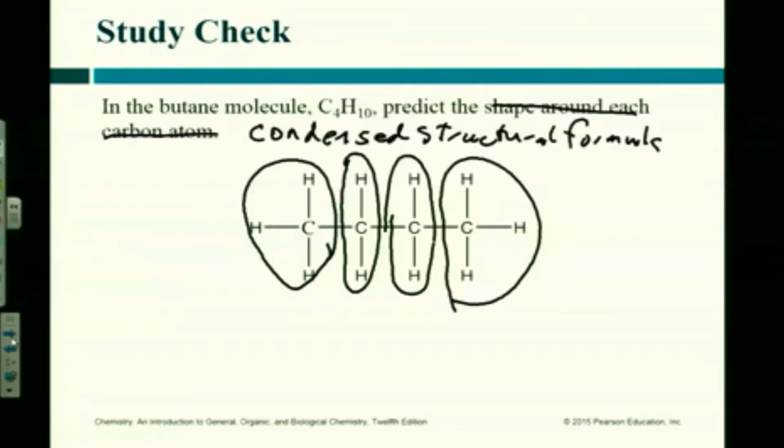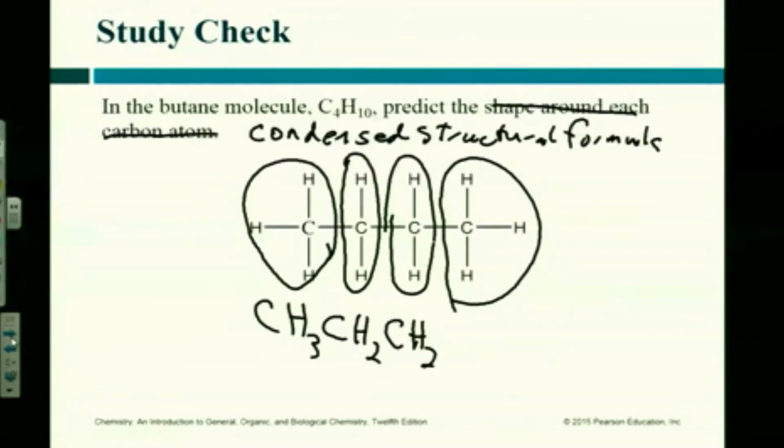This has 1 carbon and 3 hydrogens, so it is CH3. What do you think comes next? CH2, because there's only 2 hydrogens here, right? And then CH2 again, and then CH3.